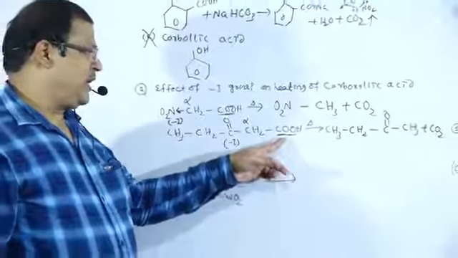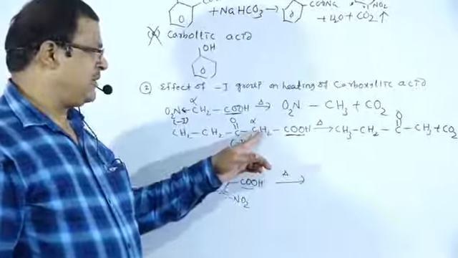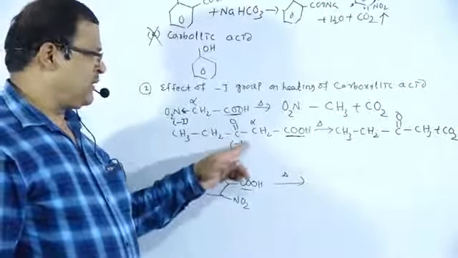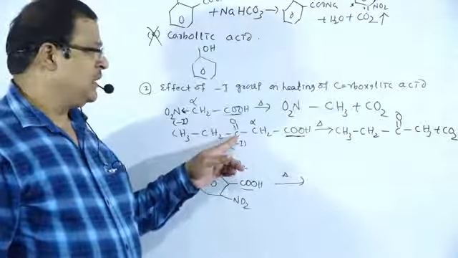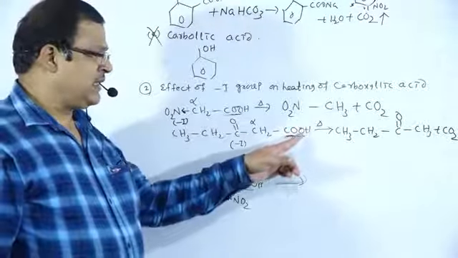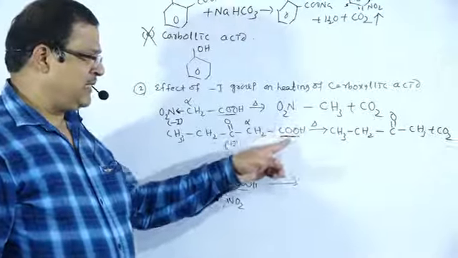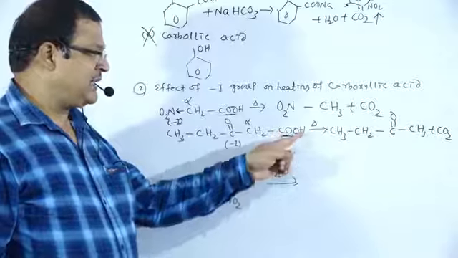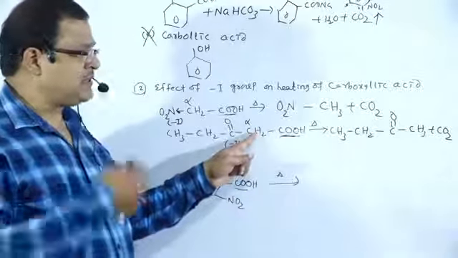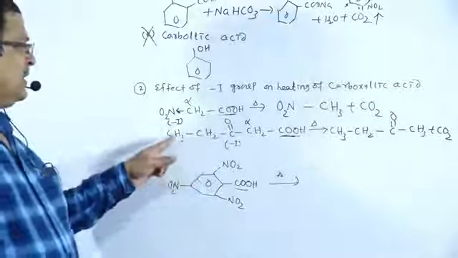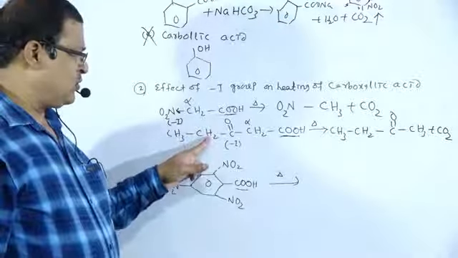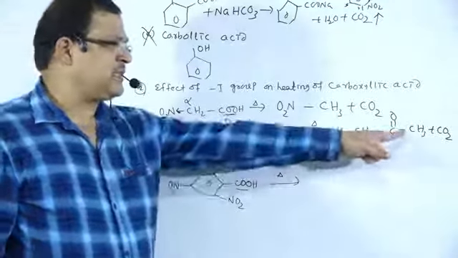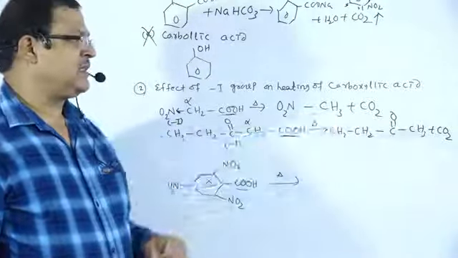The COOH group is nearby the alpha carbon atom, where a CO group, also treated as a -I group, is present. When this compound is heated, CO2 is released, and H is attached to this carbon atom, forming CH3. So the product is CH3, CH2, C double bond O, CH3, and carbon dioxide gas is released.